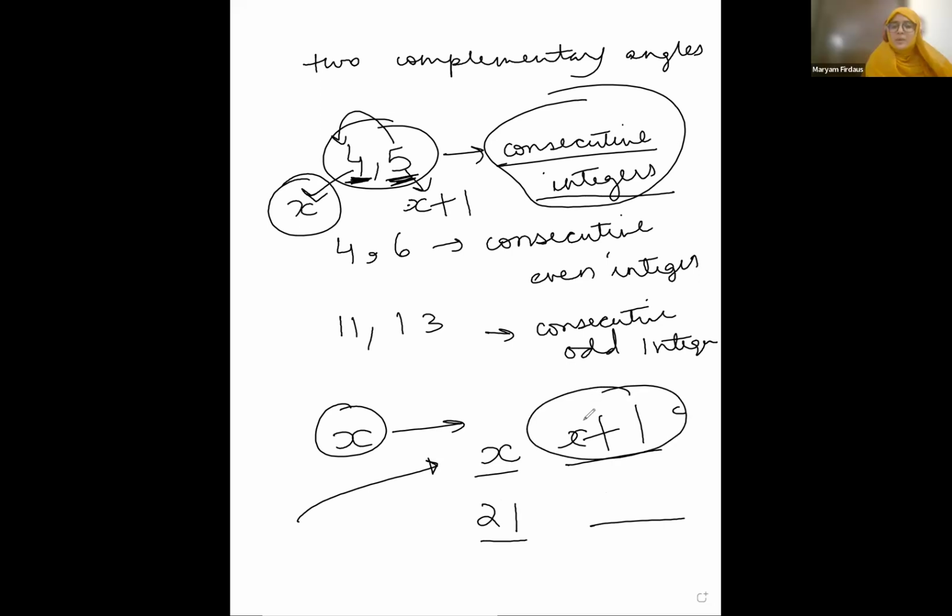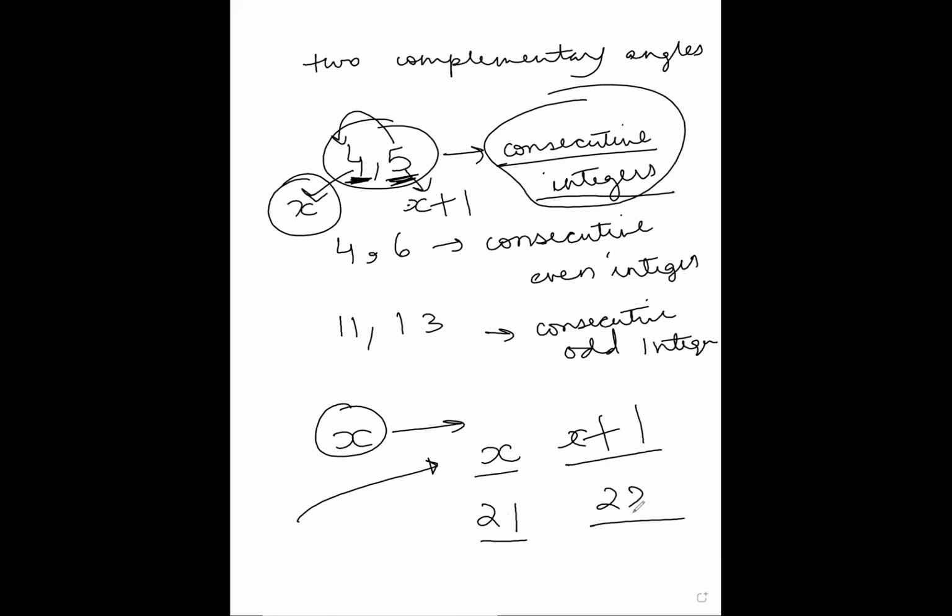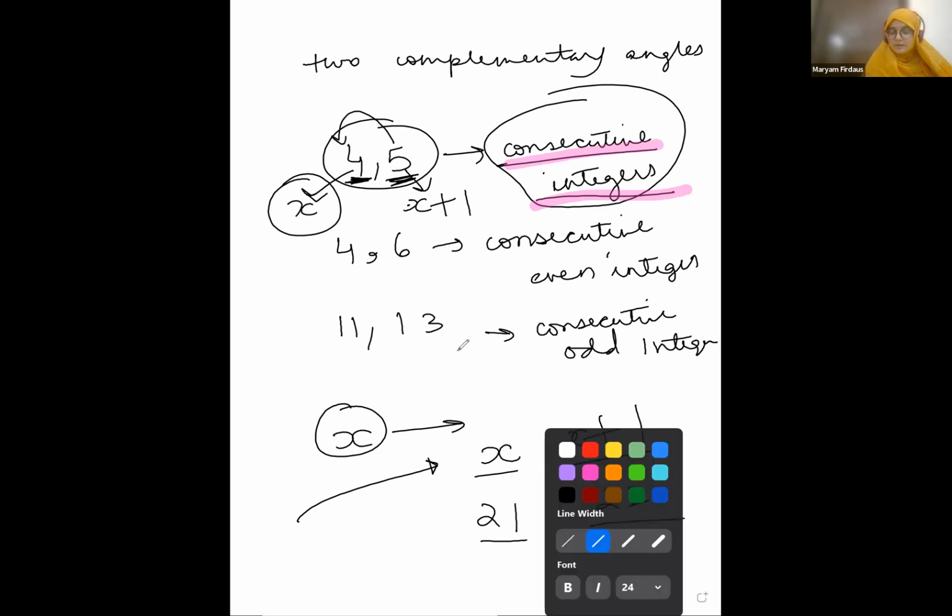What is 21 plus 1, Hiba? 22. 22, right? What are we talking about over here? We are talking about consecutive integers. That means they just come right one after the other, like 5, 6, or 9, 10. They are two consecutive integers. Did you get it, Hiba?